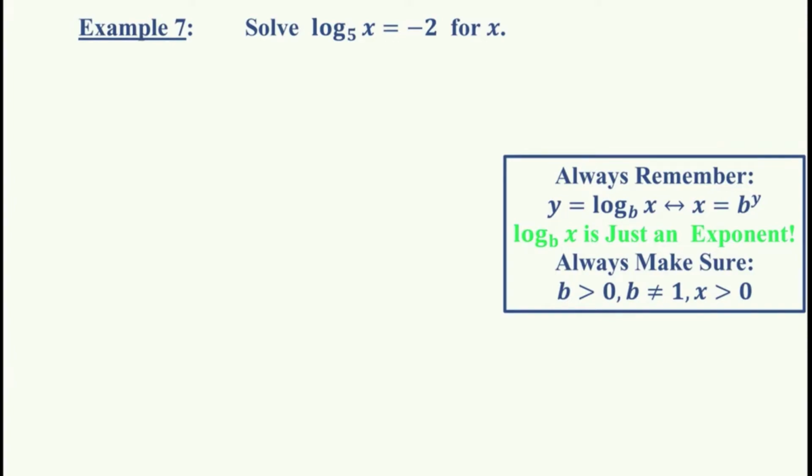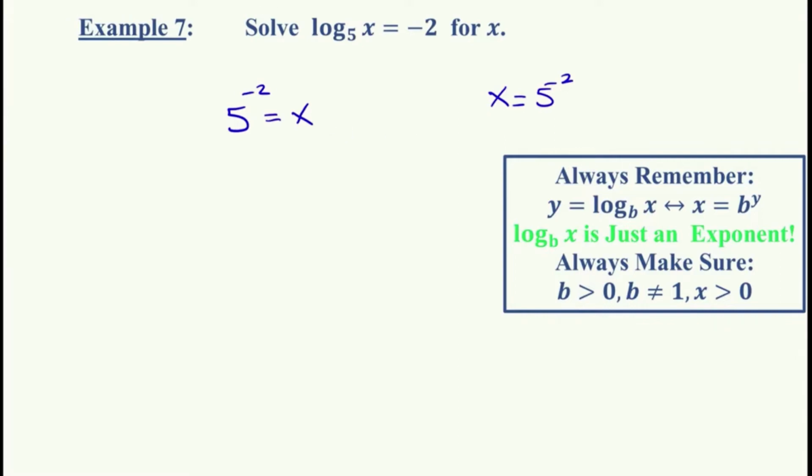So of course we get 5 to the negative 2 equals x. You could have just as correctly written x equals 5 to the negative 2. Makes no difference which side you put which one on, because these two equations are equivalent.